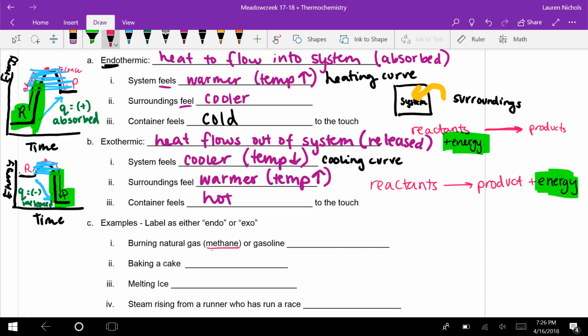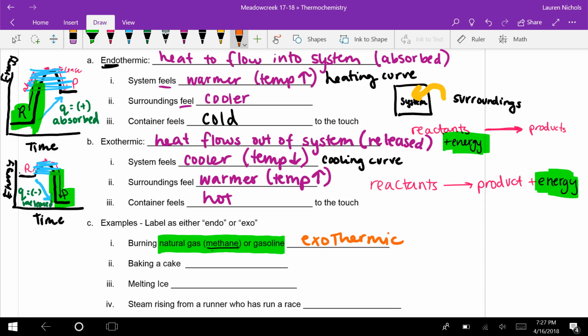Well, if our system, okay, and that's going to be important here, if our system is the natural gas or gasoline, well then it's burning. So it is releasing heat. We know that we feel flame and energy from the light, and so it is exothermic.